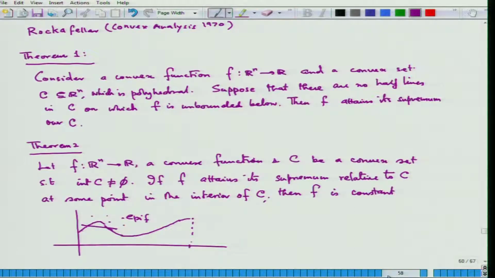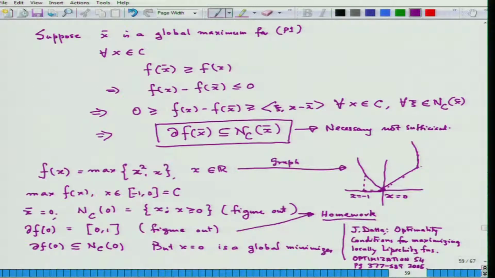I will go back and again put a homework on you. I am giving too many homeworks. So, if x bar was a local maxima, can you devise an optimality condition?